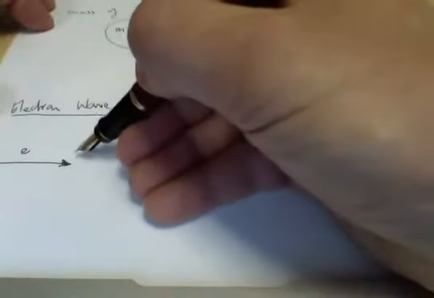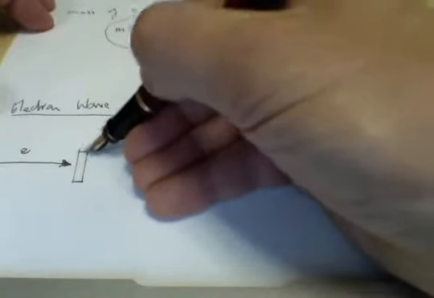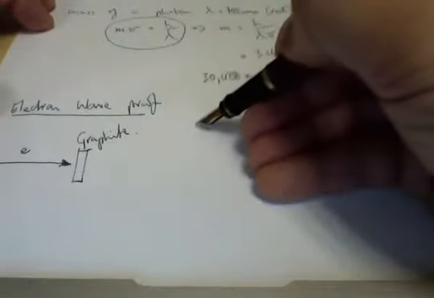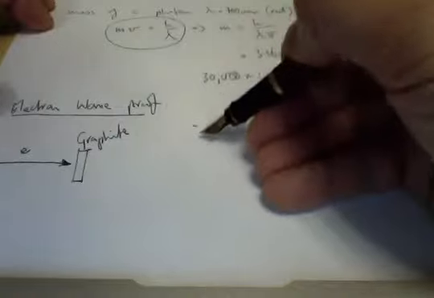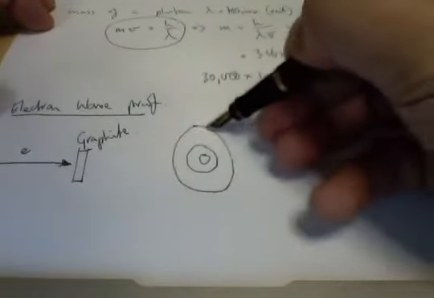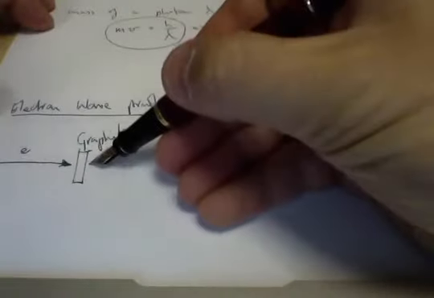Probably what's been shown to you before is the idea that, especially with electrons, wave proof: if you fire electrons at a piece of graphite, then on a screen you see these circular bright patches and dark patches.